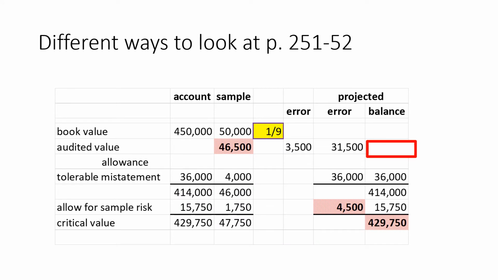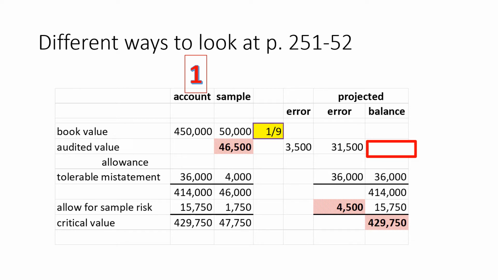Now we're going to look at a bunch of different ways. First, the book tells us that we've got a book value in inventory of $450,000. They tell us tolerable misstatement is $36,000, and the allowance for sampling risk is $15,750.